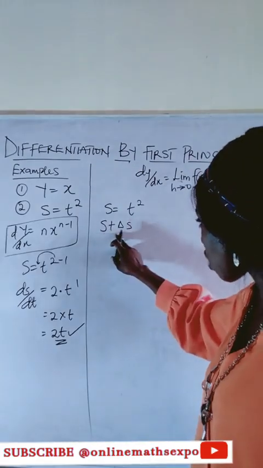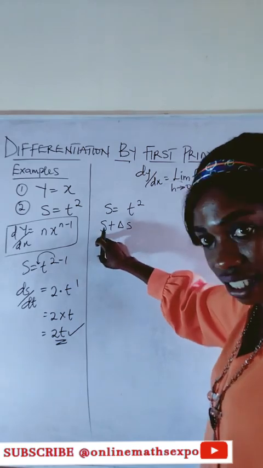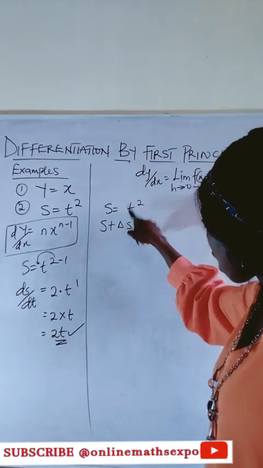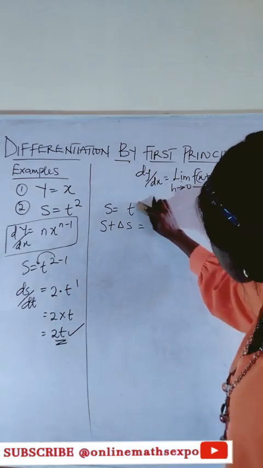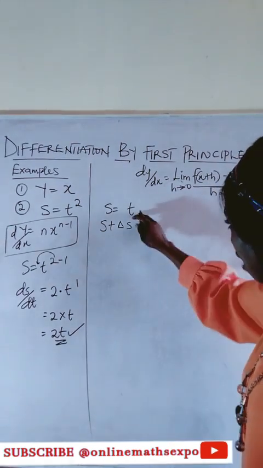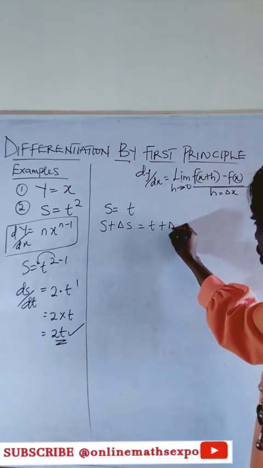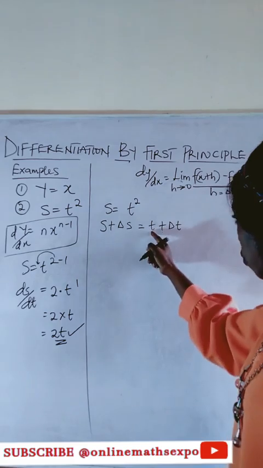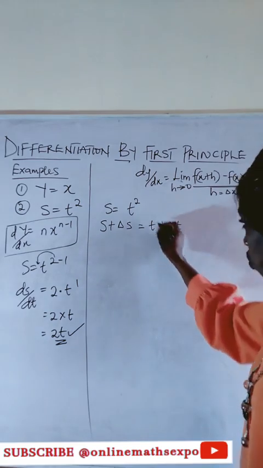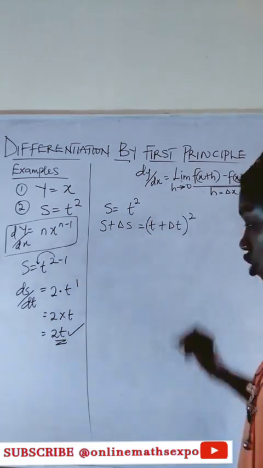Okay, so here we're going to add change in x to x is equal to, now for this, how do you represent this? Let's assume we only have t. If we only have t, it's going to be t plus change in t. I hope you know. But since it is t squared, whatever thing we have for t, we are going to square it. Did you see it?